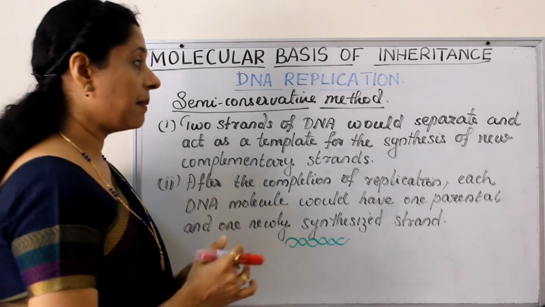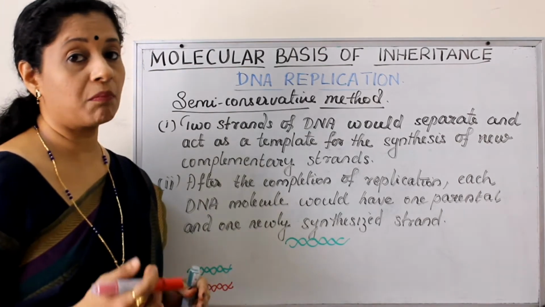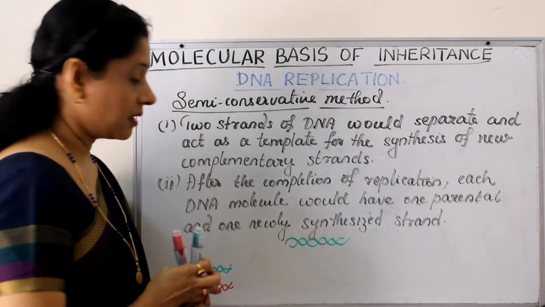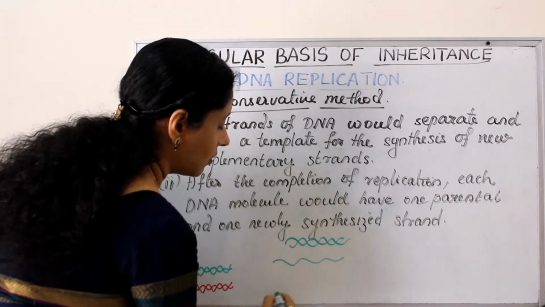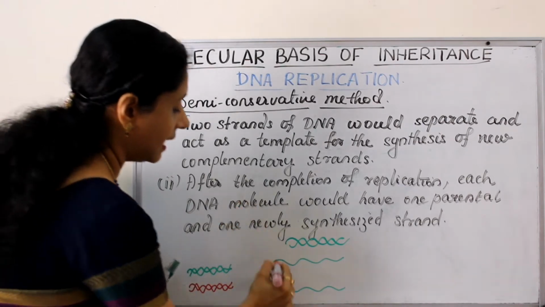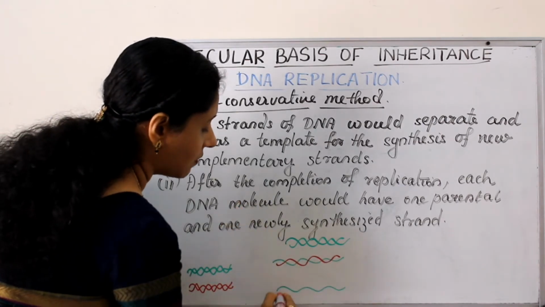Whereas, in the semi-conservative method of replication proposed by Watson and Crick, the old strand separates out into two and in each one a new strand is forming.